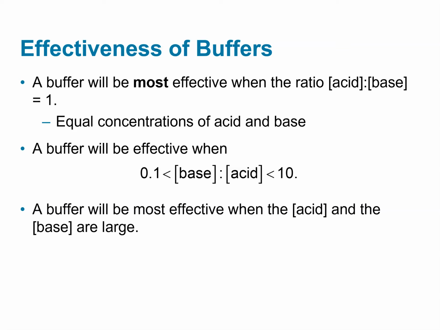At the point where you have about a 10-fold increase in your weak acid and a 0.1 or a reduction of 90% to your conjugate base is about the point where you're losing your buffering capacity, where you don't really have a buffer because you've depleted your ratio of conjugate base to acid too much.